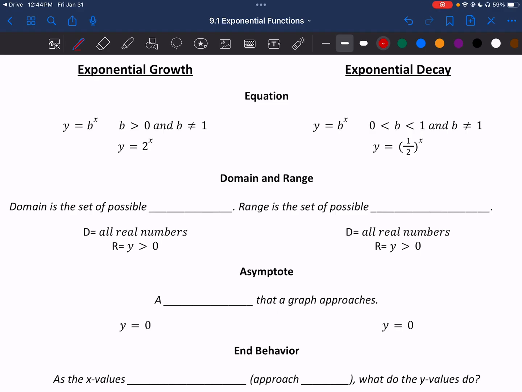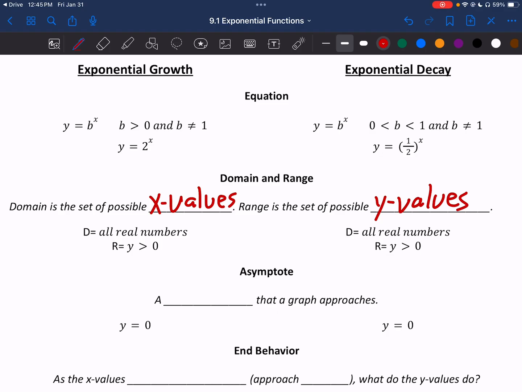Our domain and range. The domain is our set of possible x values, our inputs. Our range is our possible y values, our outputs.